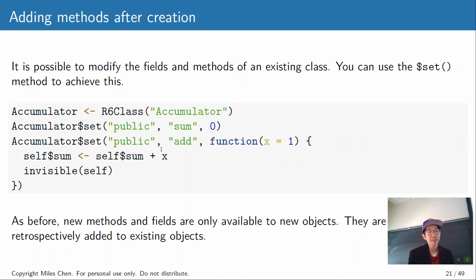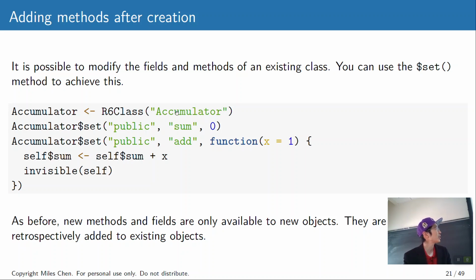It is possible to modify the methods of an existing class, and you can update the fields of an existing class definition. And so here you can use something like $set. Here I'm redefining accumulator, okay?